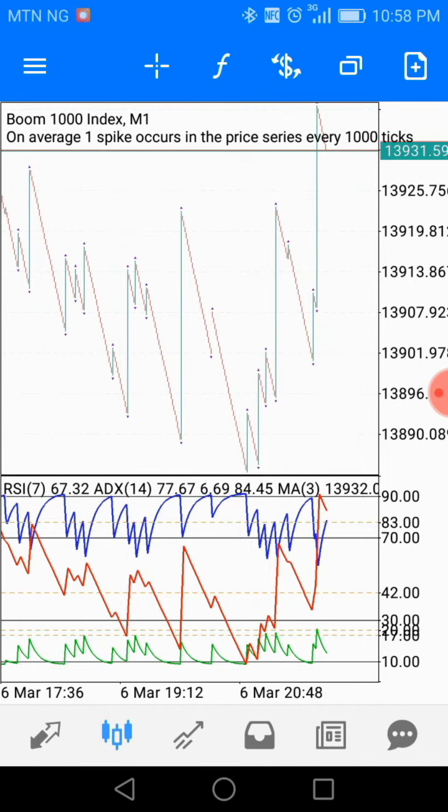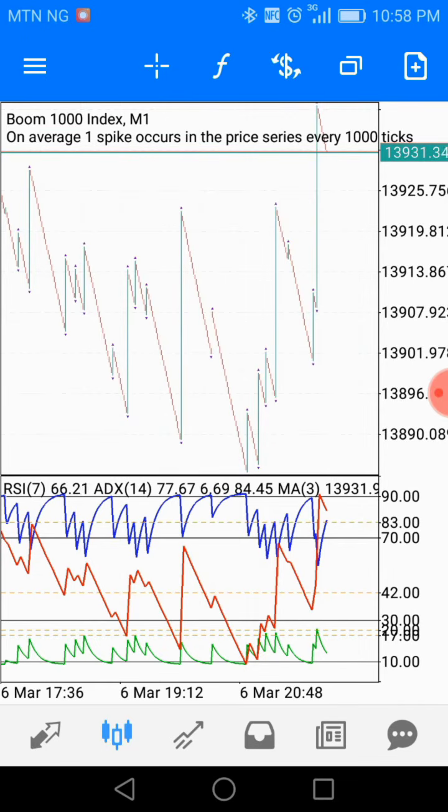So that's just the condition. The condition is that for boom markets, you are looking at the blue line of the average directional movement crossing with the red moving average.